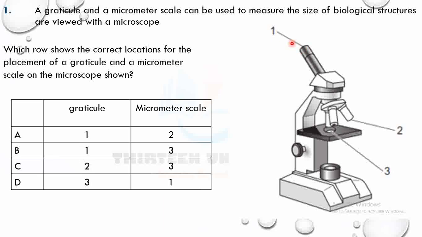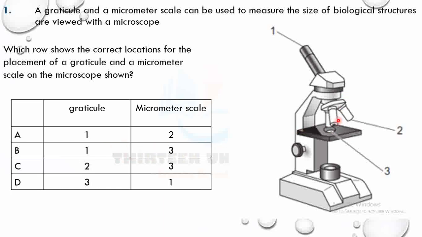So the graticule is embedded in the eyepiece lens here, and that is one. The options that have A and B are selected because the graticule is one. But the stage micrometer is always on the stage, so it's 3. So 1 and 3, that's the answer. B is the answer.